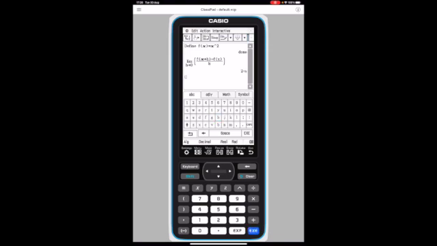And bingo, you've got the derivative, which is 2x. Sometimes it is not as useful using your ClassPad because you really have to type in everything. However, I need to show you so that you could use your ClassPad.